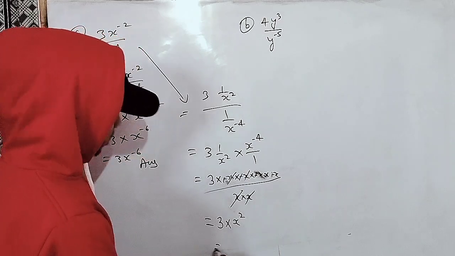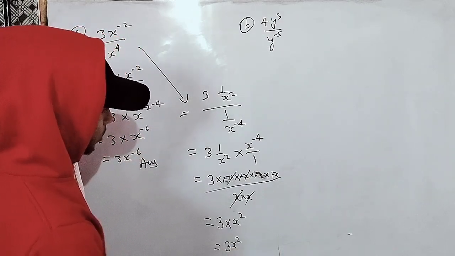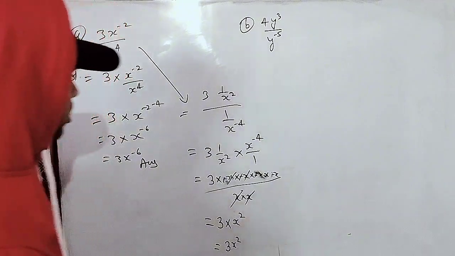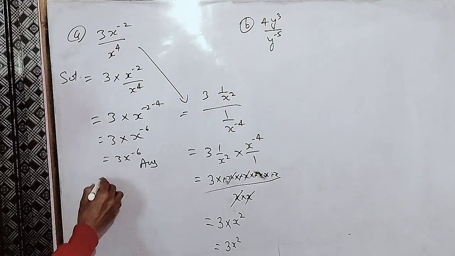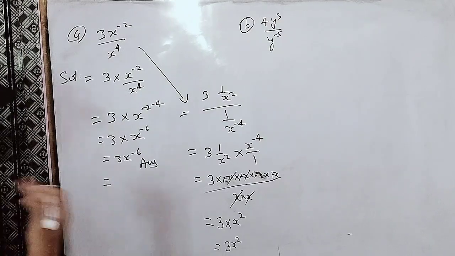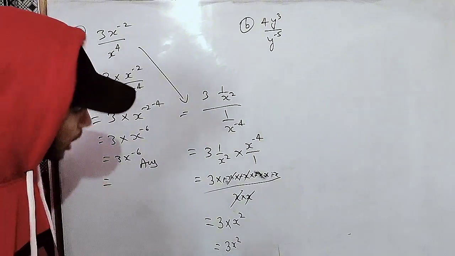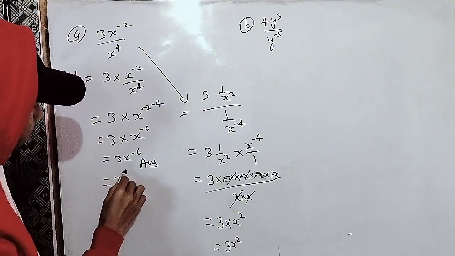How much? 3x squared. So exponents should not be negative. Then we can write it like that.